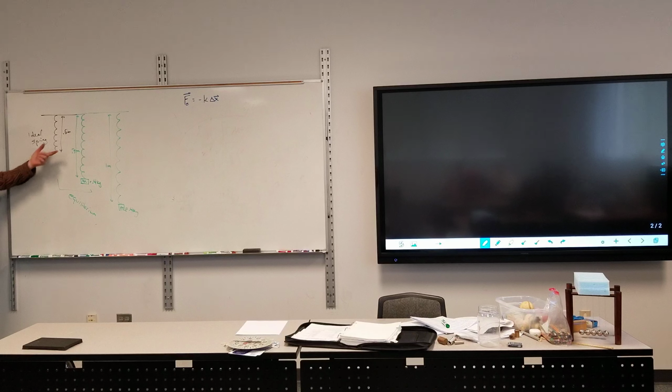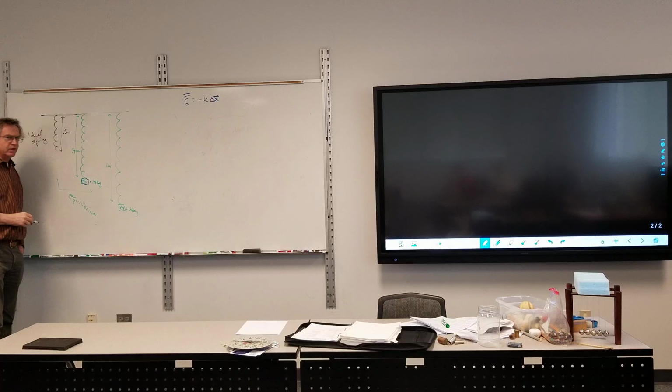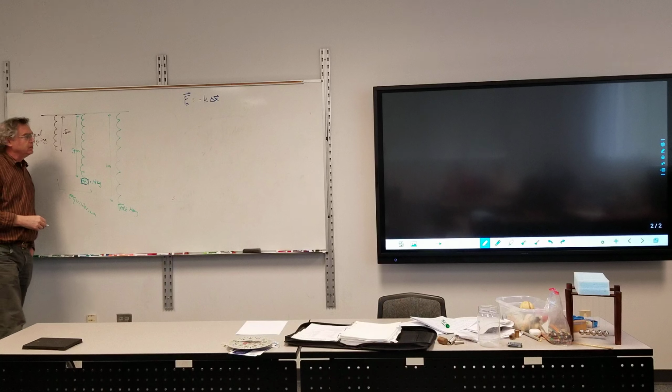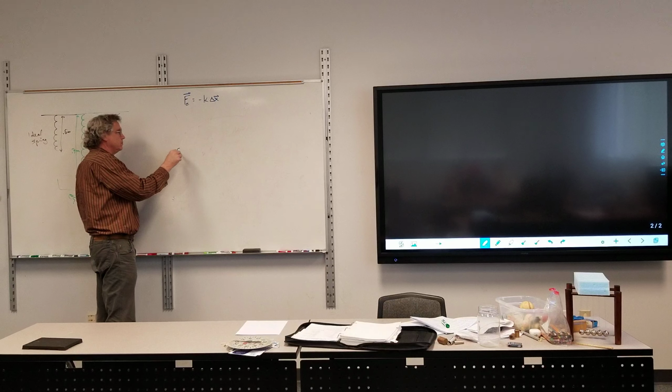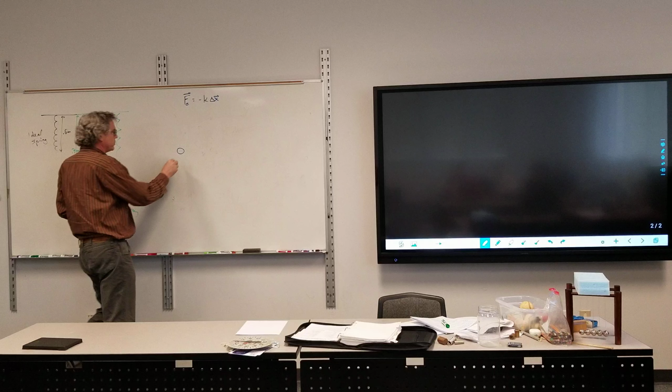So if I want to figure out the spring constant of the spring, well, in this situation number 2, what are the forces acting on the mass? Weight and tension. We're going to be more sophisticated than that.